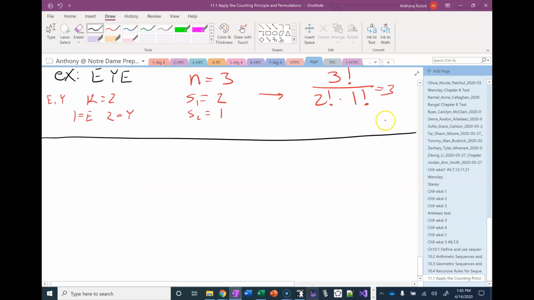Let's do another example that's a little less trivial. Again, this one wasn't hard to do by hand, but I chose something that we could do by hand just so it would be a little bit easier for you guys to see how it works. Let's say we want to do how many different, I should say distinct, ways we can arrange the letters in Tallahassee.